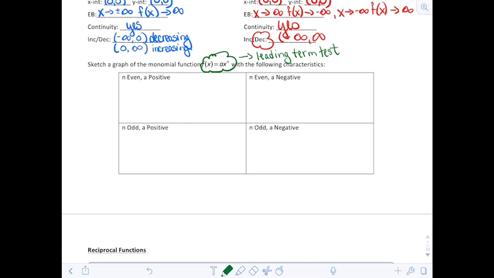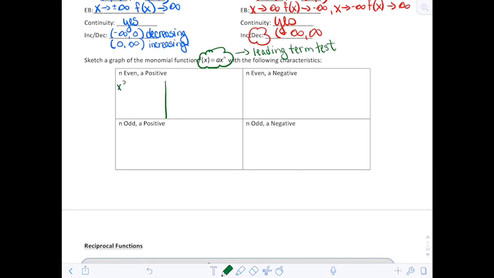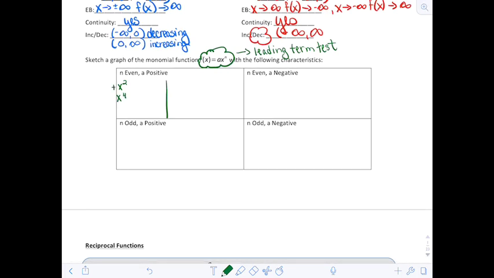So if n is even and a is positive, well, let's sketch a graph of that. So if it's an even function, maybe it's x squared, maybe it's x to the fourth, and a is positive, so a positive x squared or a positive x to the fourth. We're going to have a graph that will look something like this.